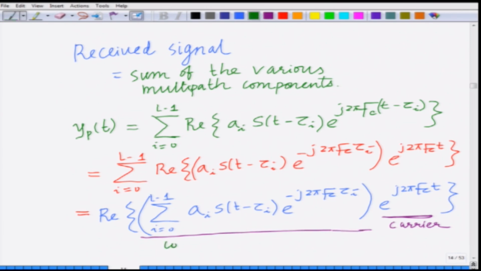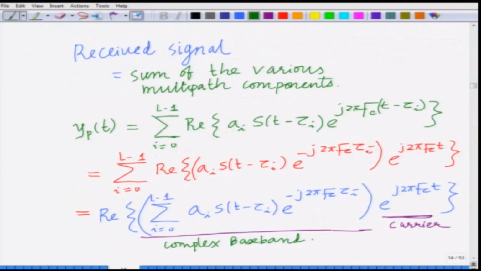The part that I am indicating over here, which is the sum i equal to 0 to L minus 1 of AI S of t minus tau I e to the power of minus j 2 pi f c tau I, is the sum of the attenuated and delayed baseband signal.